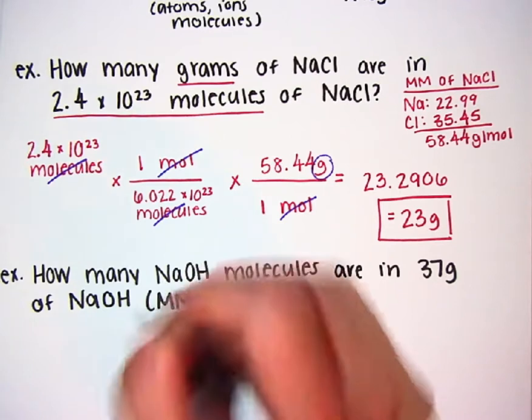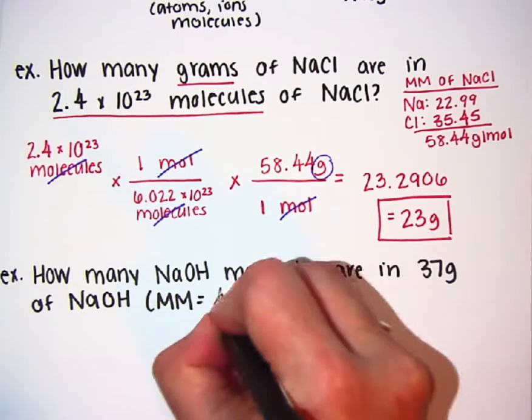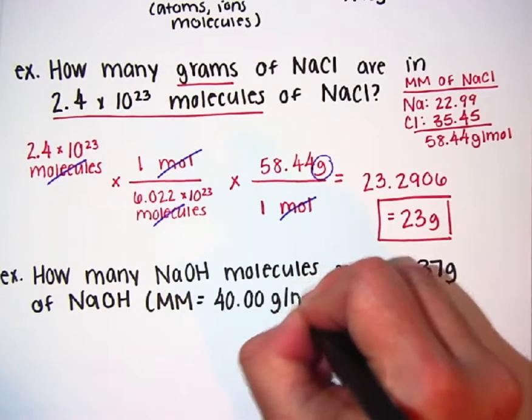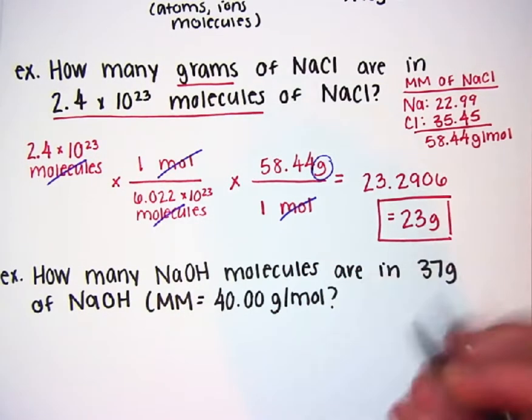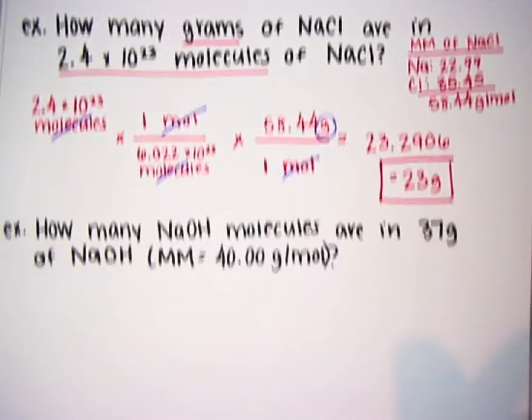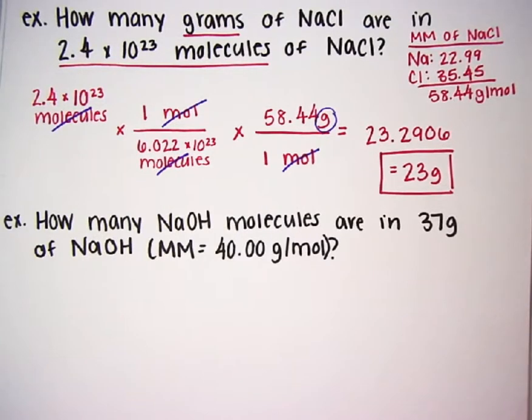Molar mass of sodium hydroxide is an even 40 grams per mole. So how many sodium hydroxide molecules are in 37 grams of sodium hydroxide?